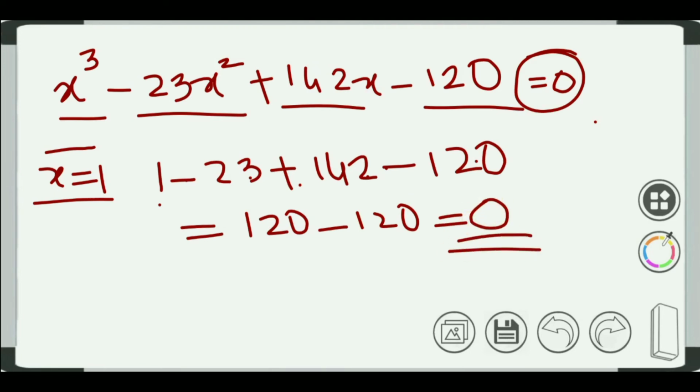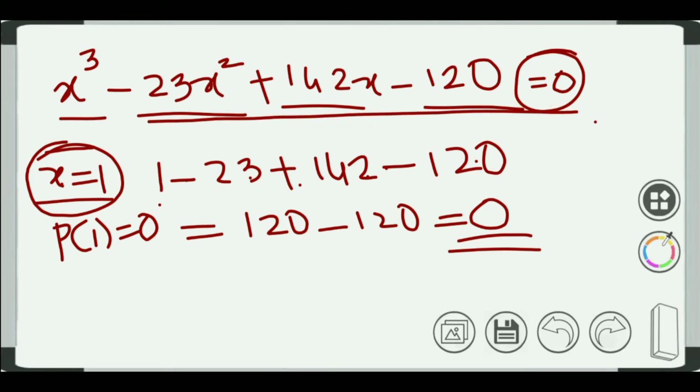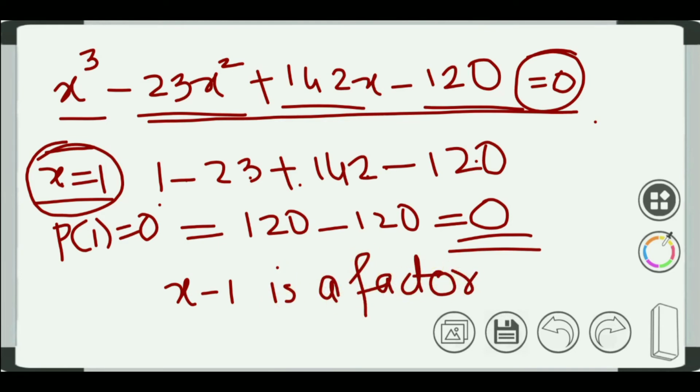So this is 0. So P of 1 equal to 0. I am taking the value of x as 1 and I am getting the whole polynomial equal to 0. That means x minus 1 is a factor, not x plus 1. x minus 1 is a factor.